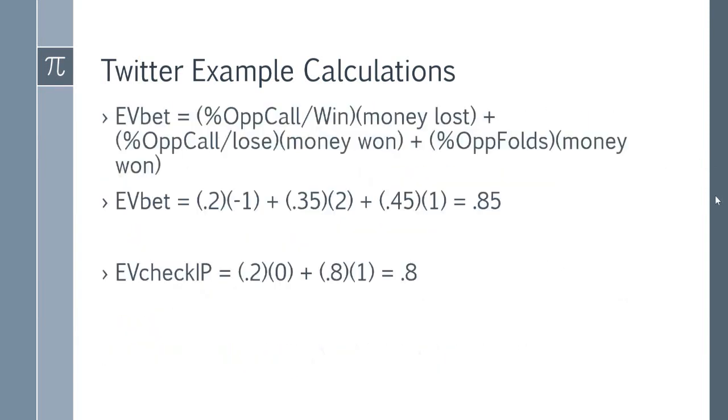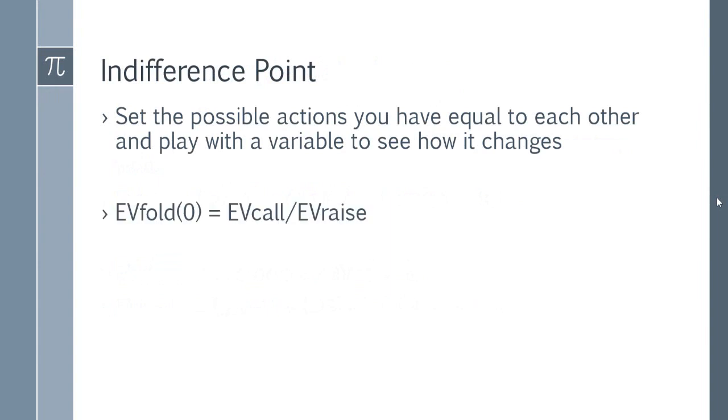So if we're comparing folding to calling and bluff catching, or folding to raising and bluffing, then we can set the EV for these decisions to 0, play around with one variable, usually how often the opponent calls versus folds, and run those calculations to figure out the break-even point. In this case, for today's example, we want to compare the EV of checking to the EV of betting, so we're going to set these equal to each other.